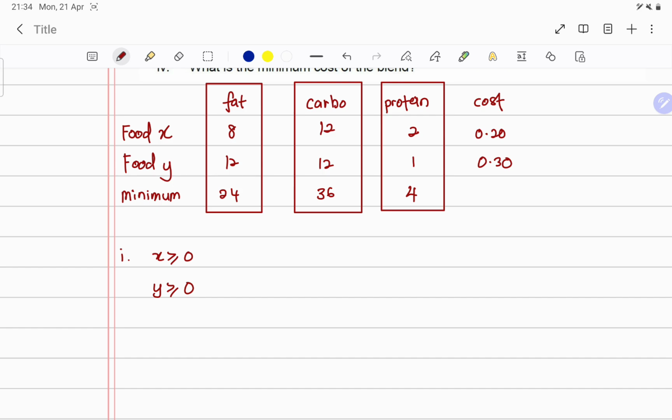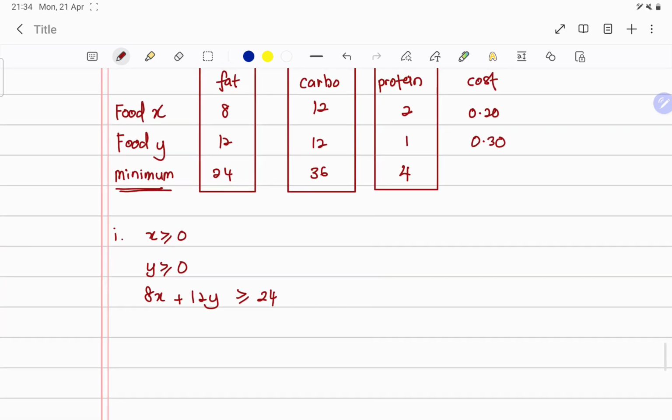Okay, now for the first one, for fat, if you see, we have 8x plus 12y, and then we have the word minimum. The word minimum means at least. Okay, at least it is 24. So you should use greater equal to 24. This is your first constraint.